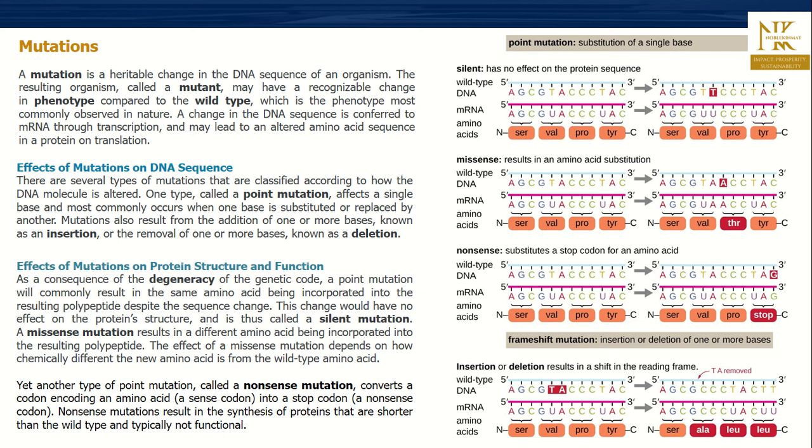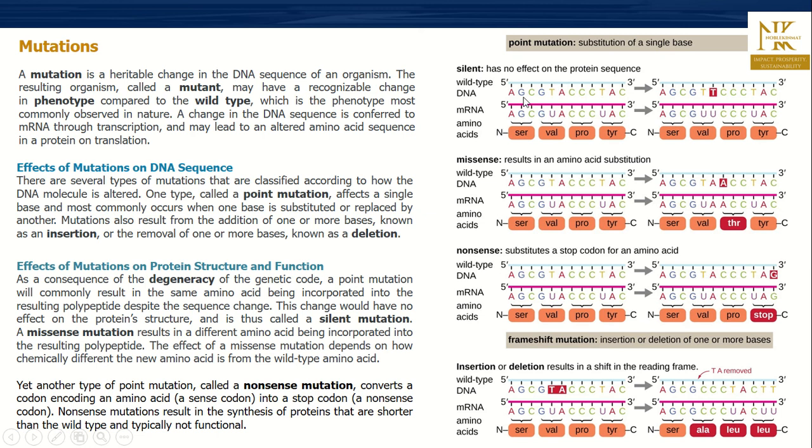When a mutation is silent, just like we explained earlier, a codon might code for a particular amino acid, and a different codon might code for the same amino acid. Now, in this case, we have valine. We also have valine here.